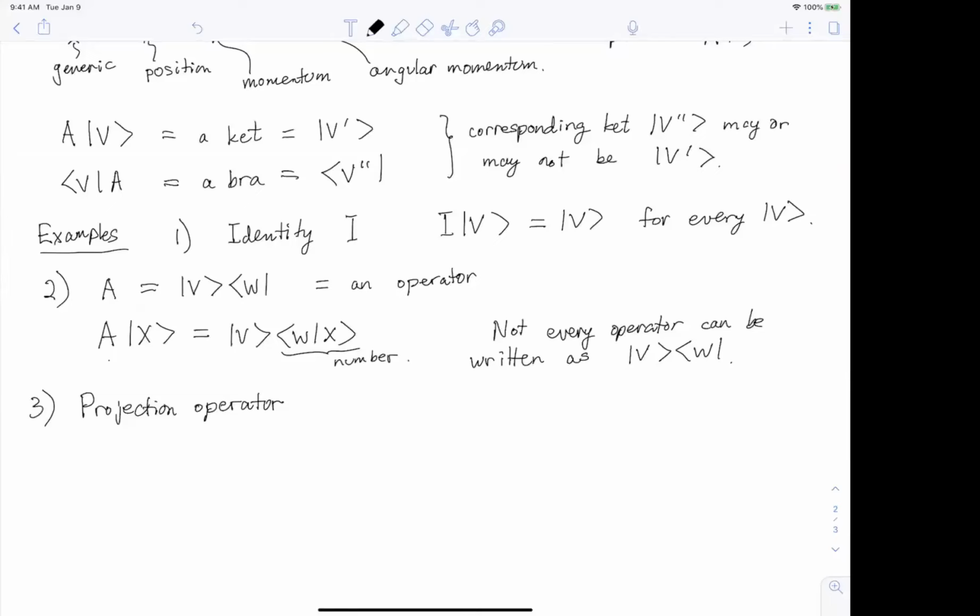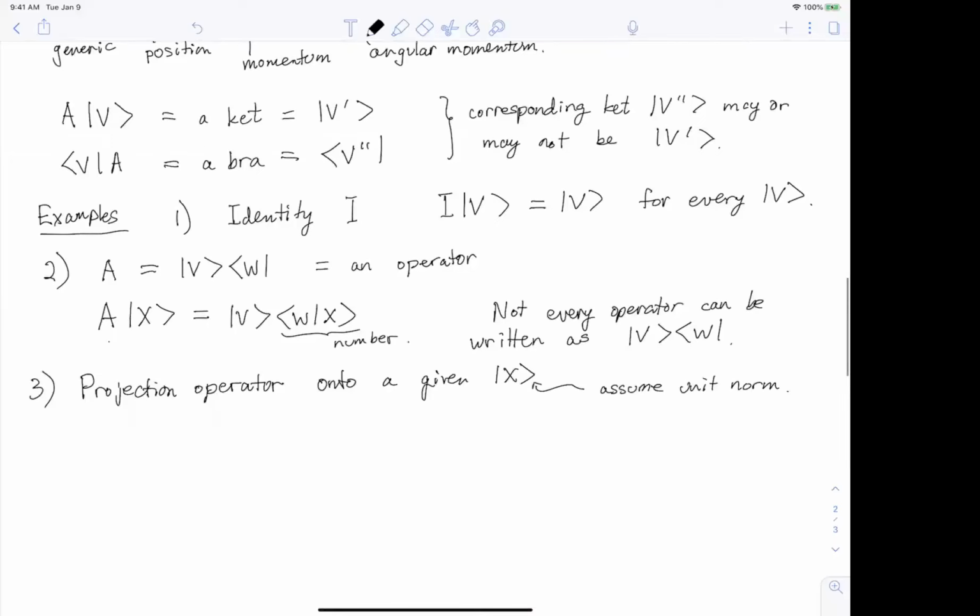All right, so the projection operator onto a given vector, let's call it x, and we'll just assume that it has unit norm. If it doesn't, you can divide by its norm to make it have unit norm. That would be P sub x is |x><x|.